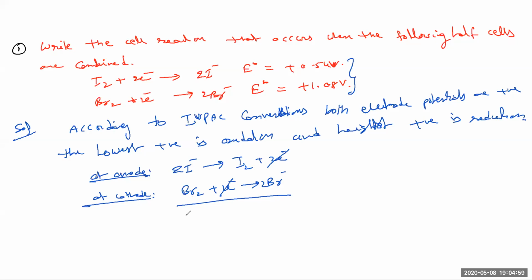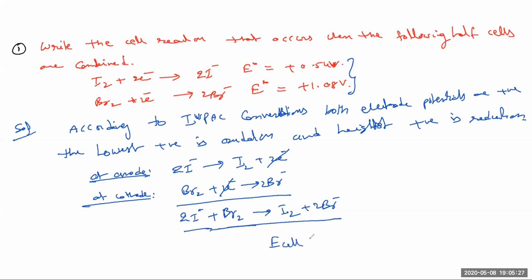The cell reaction is 2I minus plus Br2 gives rise to I2 plus 2Br minus. Here bromine undergoes reduction, iodine undergoes oxidation. This is the redox reaction.